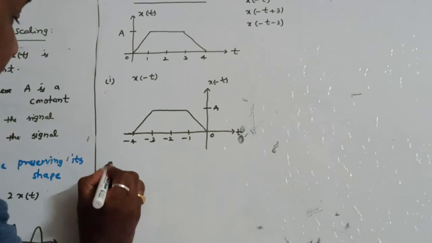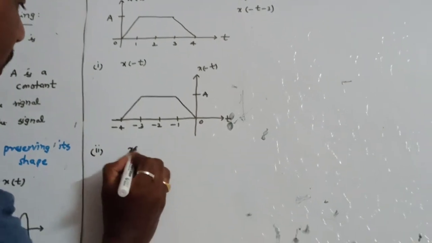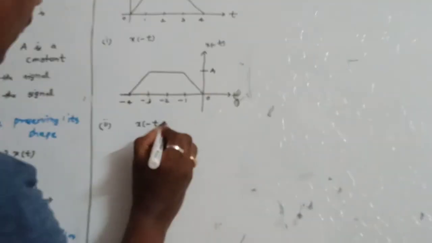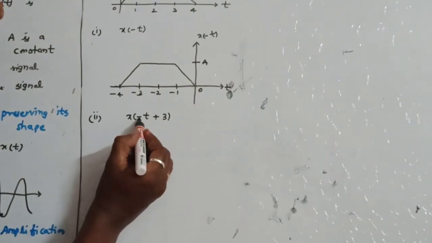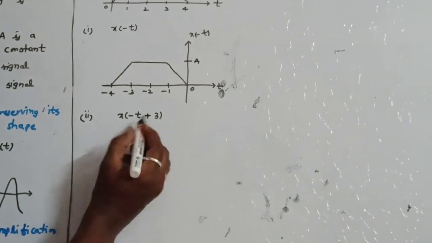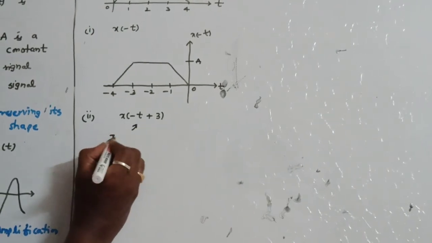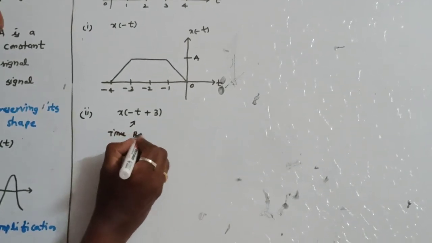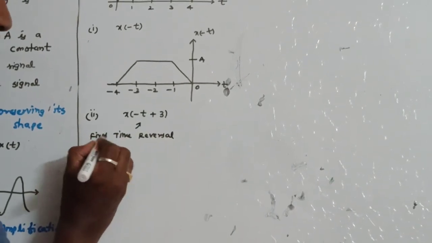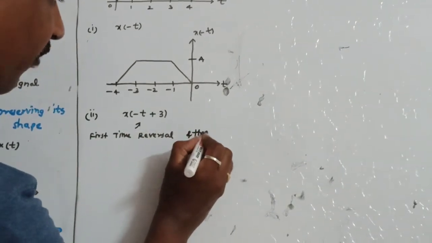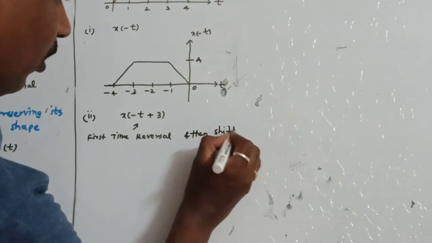So let us draw the next case, x of minus t plus 3. As I explained earlier, there are two operations: time reversal operation and time shifting operation. In this case, first we have to do time reversal, and then shifting. We have seen this kind of problems.